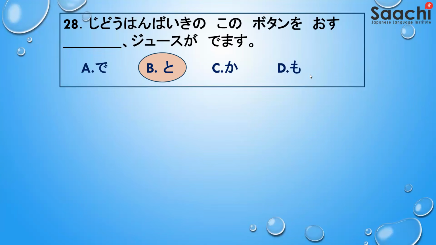So when you use と, whenever the result is inevitable, the result will happen.